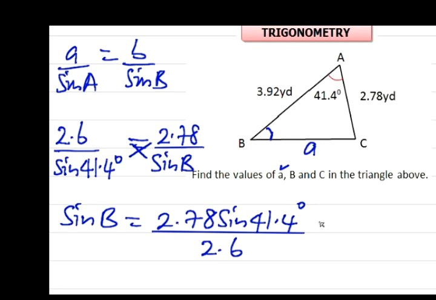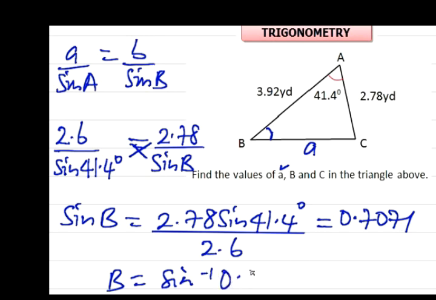That will be equal to, I want to put the value there. So our b is equal to sine inverse of the value we're going to get from here. Let me get that out. This will be 0.7071, that will be sine inverse of 0.7071, which is equal to what?